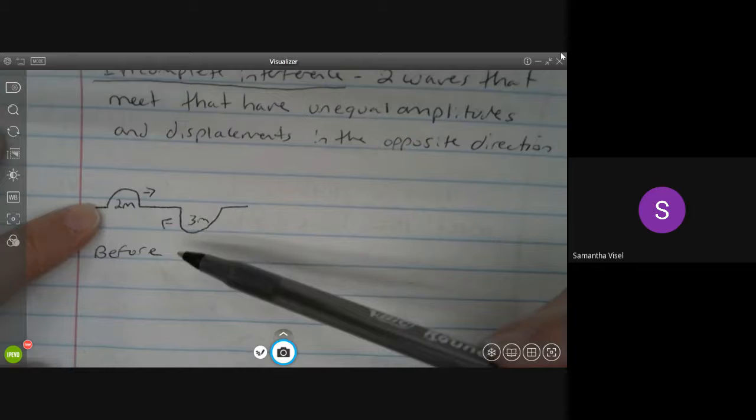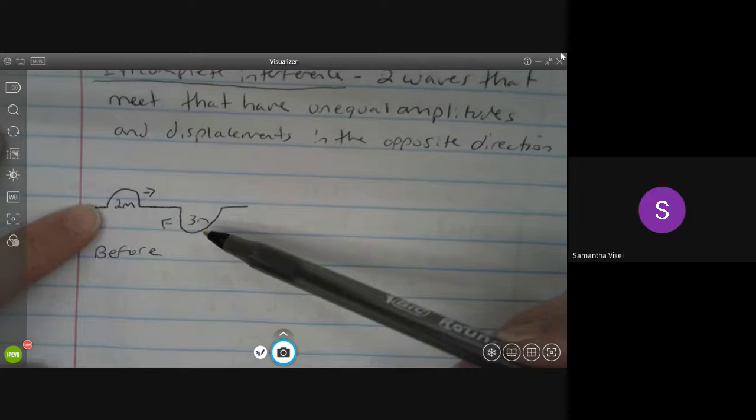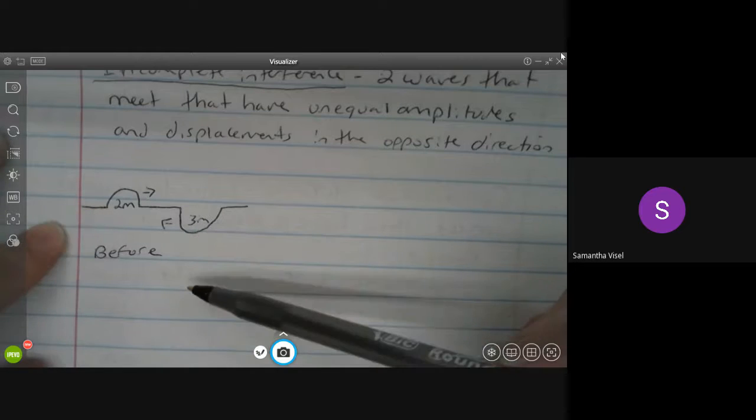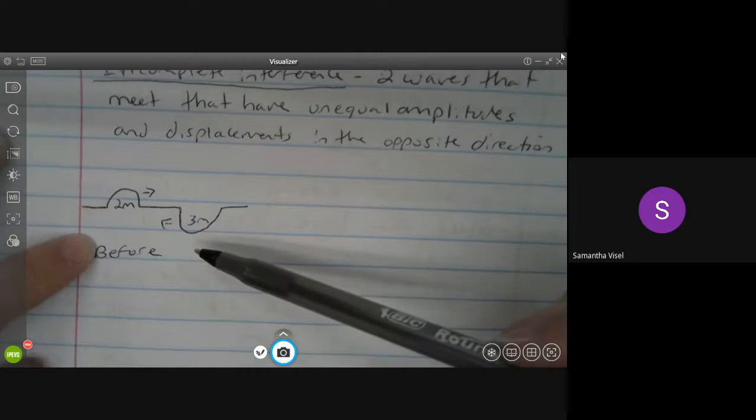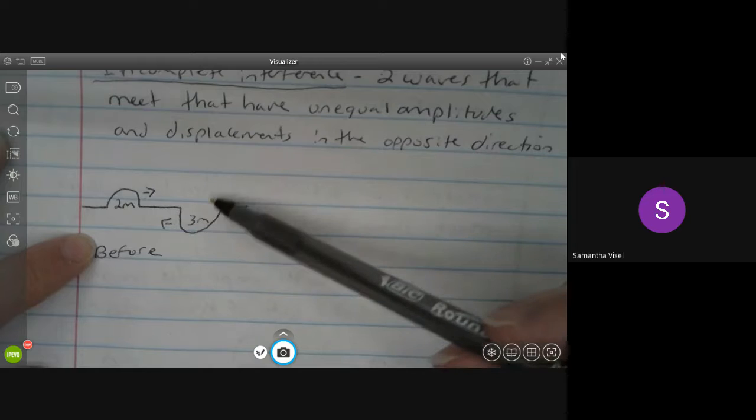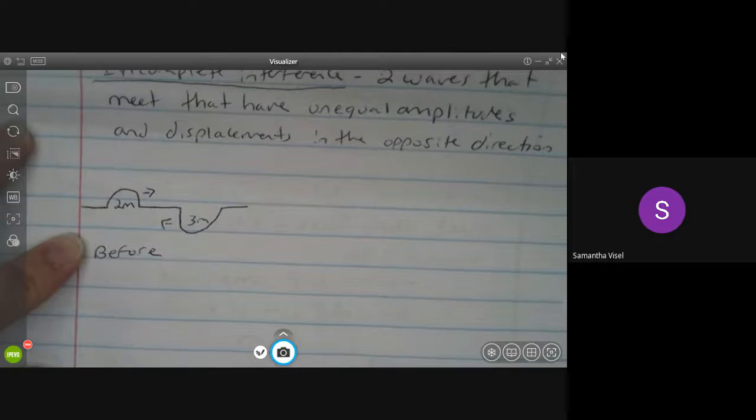So I will still have a wave pulse that'll be made when they meet, like in constructive interference, but it is going to be of a different amplitude, so different heights. And it'll be less than the 2 since I will end up subtracting. But the side that it's going to be on is whichever is the larger side.